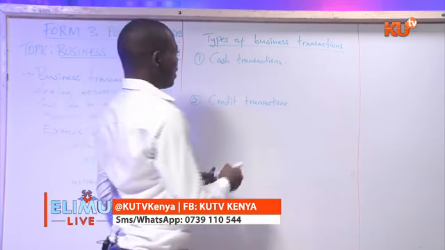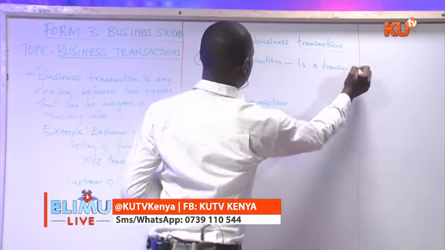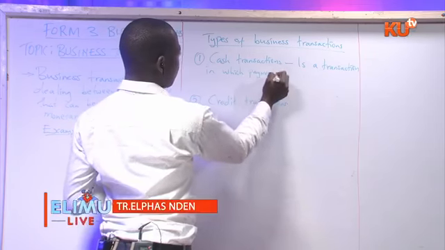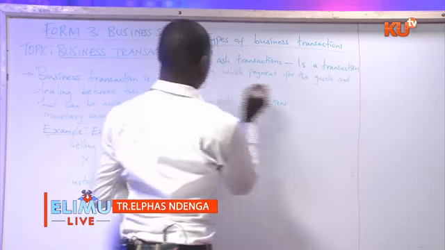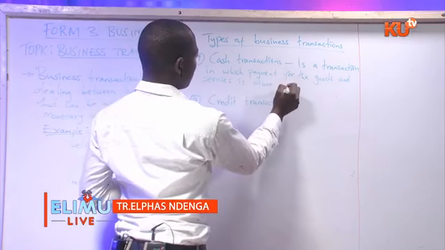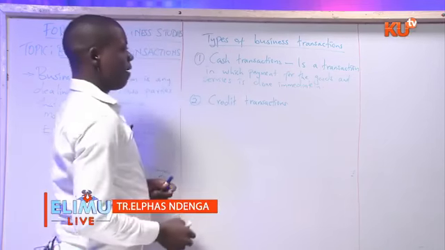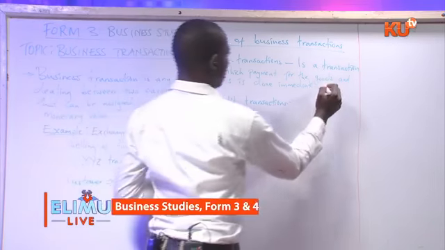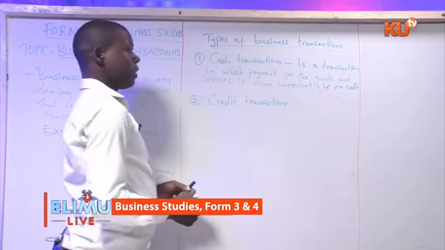Yes, a cash transaction is a transaction in which payment for the goods and services is done immediately. Therefore, in a cash transaction, there is no credit. You get the good, you pay for the good immediately.